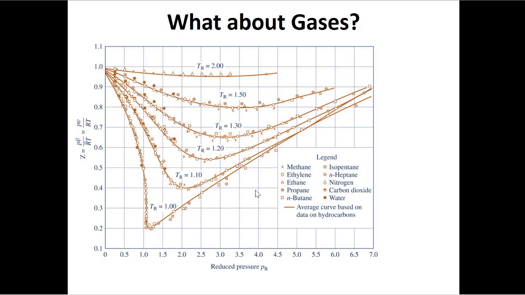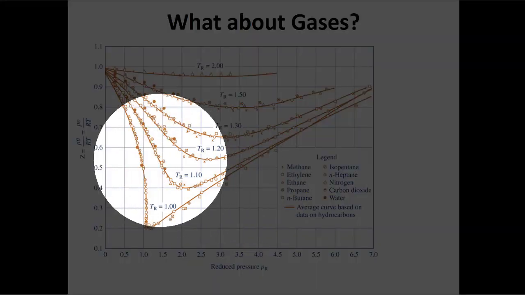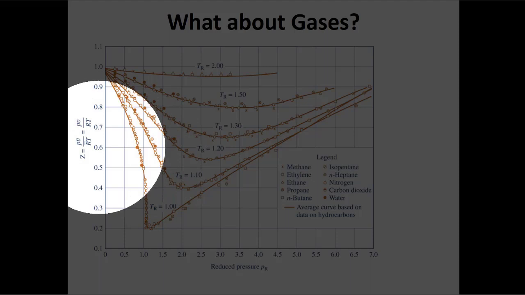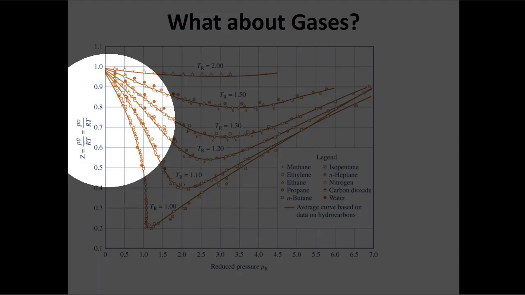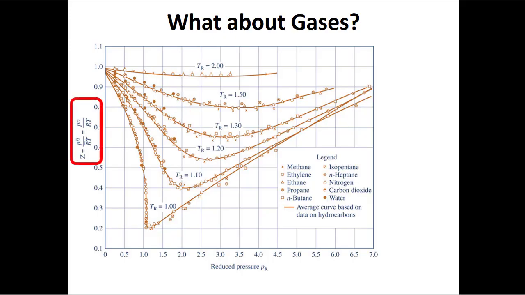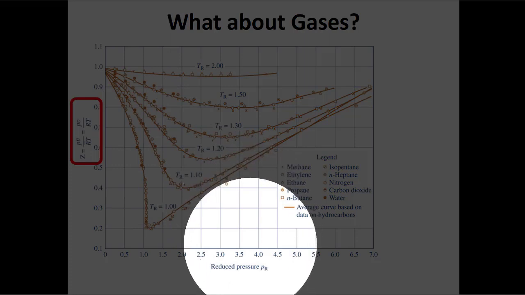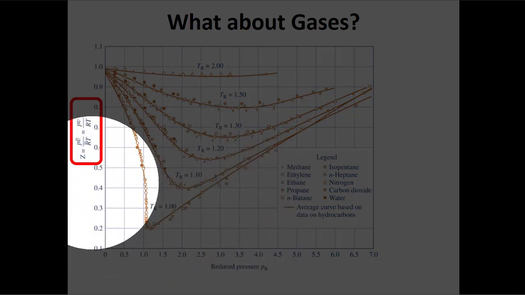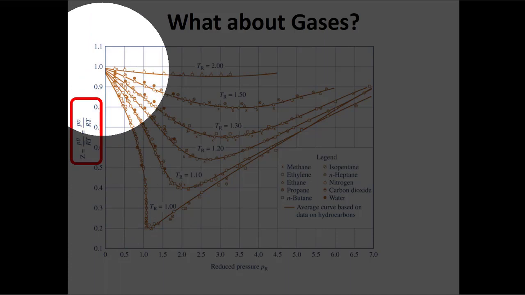And we found that we can only really use ideal gases when this parameter, capital Z, the compressibility factor, is approximately 1. And that happens when our reduced pressure is low. So if the pressure is much lower than the critical pressure, we move left on this graph, which gets us close to 1.